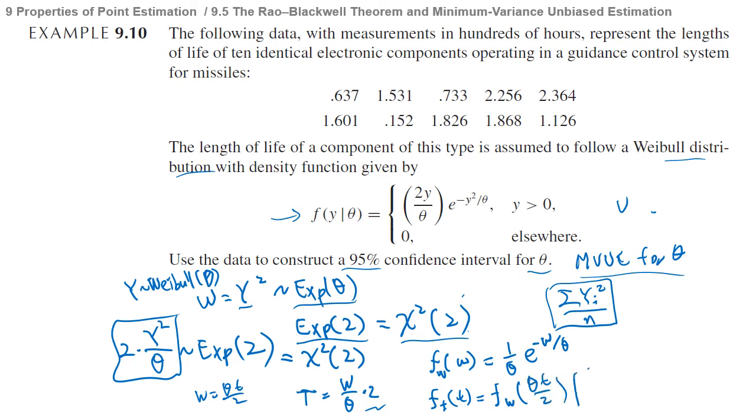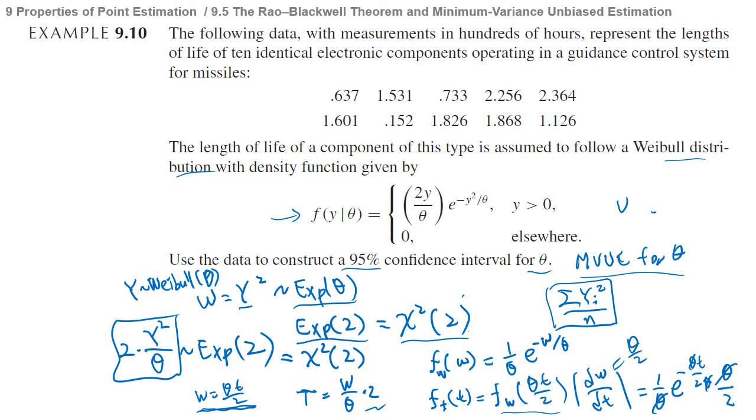And dw/dt, differentiating this with respect to t, is zeta over 2. So you will get 1 over zeta e to the minus zeta t over 2 zeta, times zeta over 2.